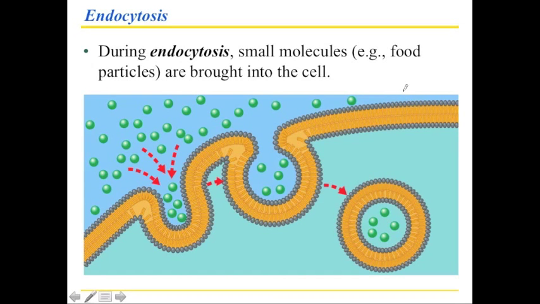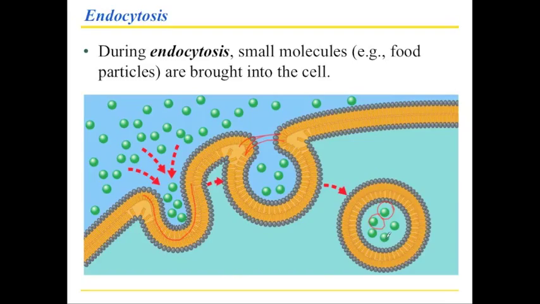The opposite also works. If there is something really interesting that's coming close, the cell might be stimulated to fold inward like this, and when it folds inward, it brings in some of the substance. It's like sucking something in with your mouth. You suck it in, it gets in there, and then all you have to do is close it off on the top, and then you end up being able to bring these substances into the cell.